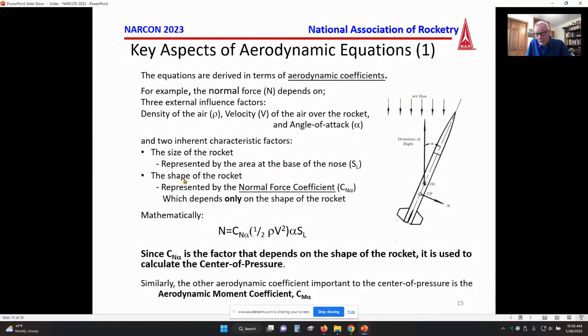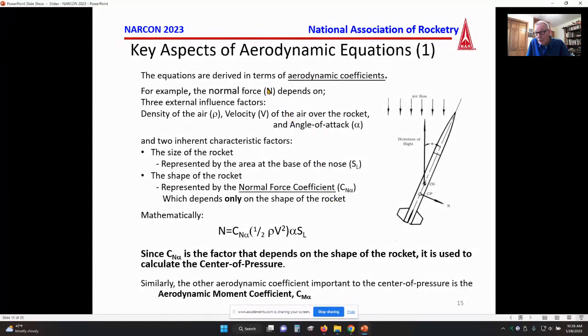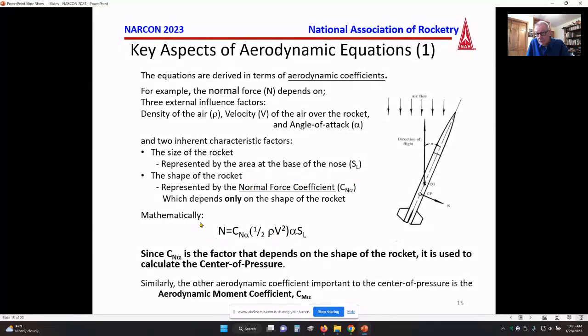And last but not least, and this is the key to this whole business of aerodynamic coefficients, the shape of the rocket is represented by the normal force coefficient relative to understanding the normal force on a particularly shaped rocket. So by combining all these, you get the normal force equation, which is pretty straightforward.